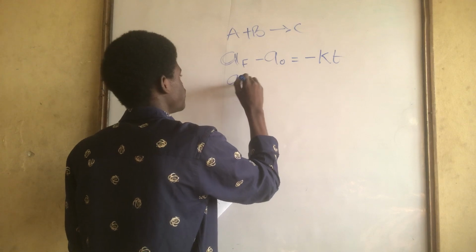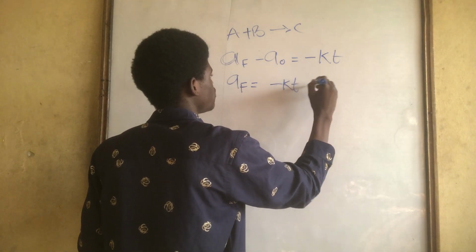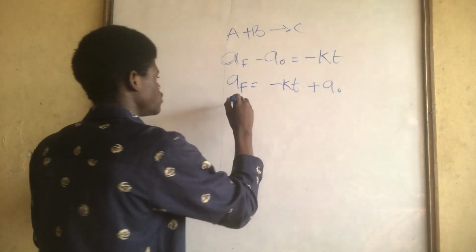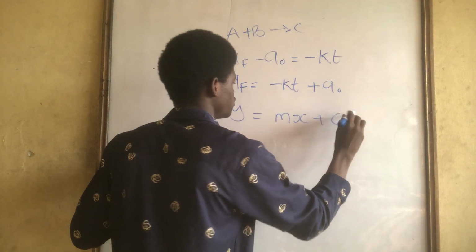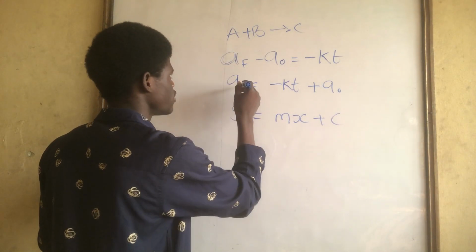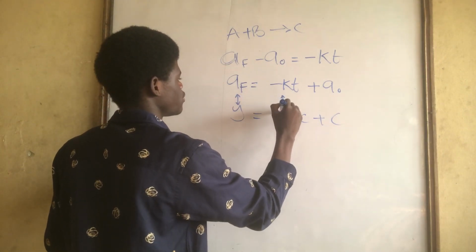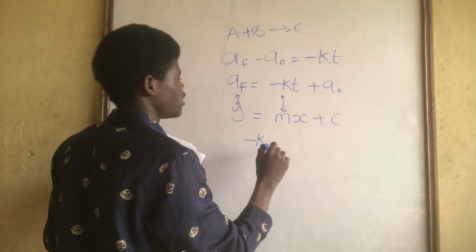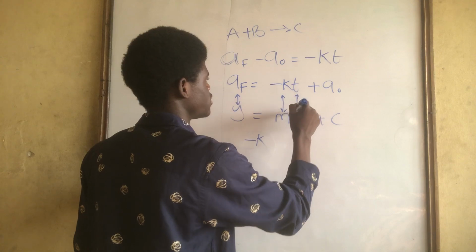So that will be the final concentration is given by minus kt plus the initial concentration, right? We are just going to compare it to y equals mx plus c, the original equation of a straight line. So you can see y is the final concentration, the slope is minus k, and the x component of the graph is time.